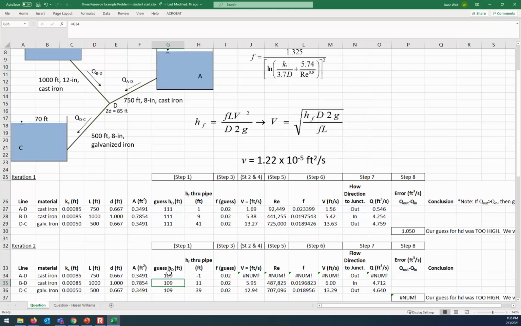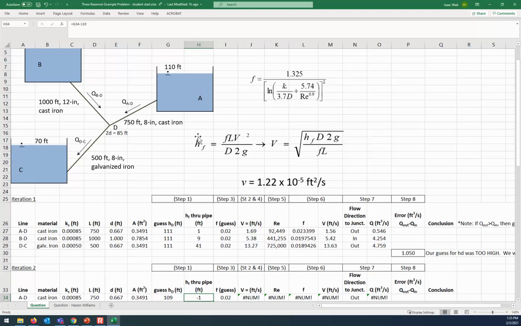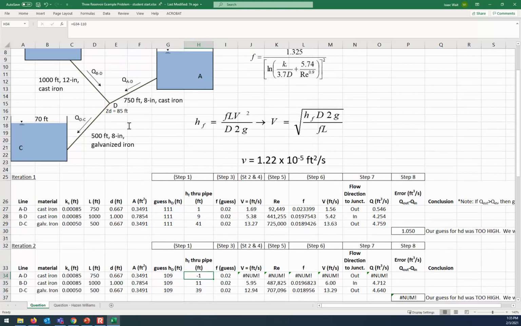So that changes all of those. Now, this is no good. We have to change our guess of the head loss because the water is going to go from A towards D. There's no such thing as a negative head loss. So we're going to have to say that the head loss is 110 minus this guess value. Now that's right.